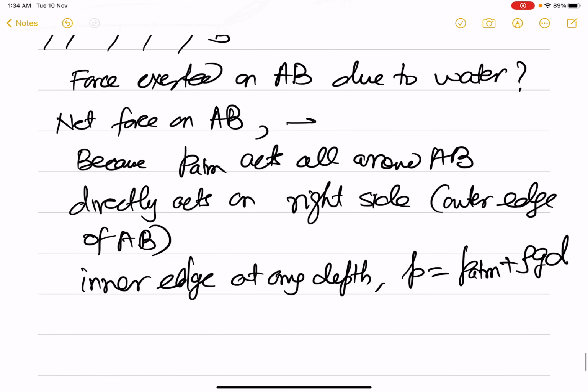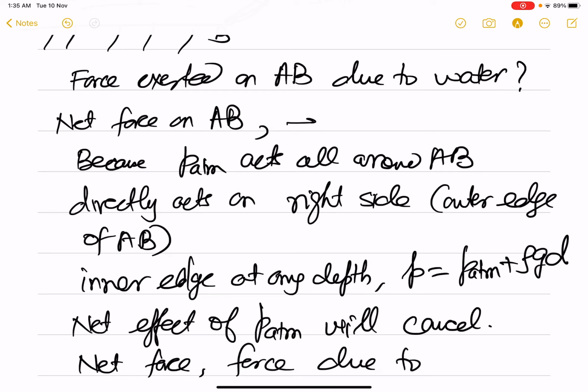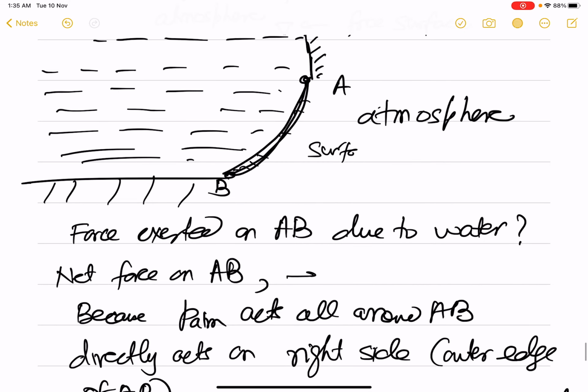So therefore the net effect of P atmosphere will cancel, and net force will be just force due to the gauge pressure. So therefore the net force on surface AB will be just due to the gauge pressure.